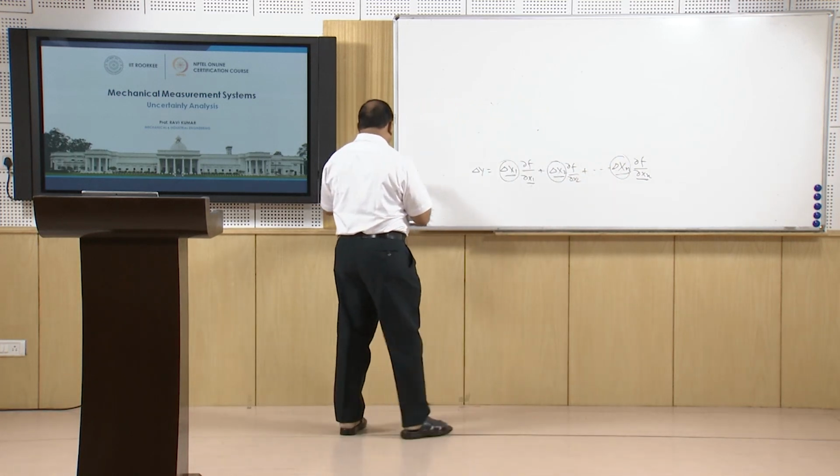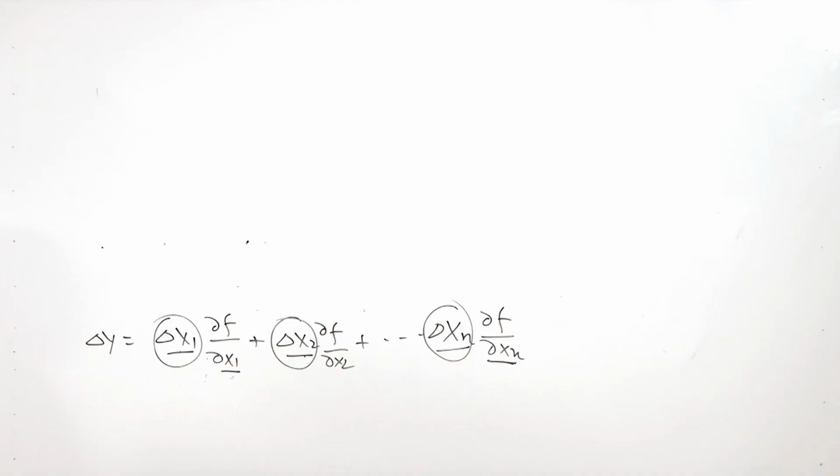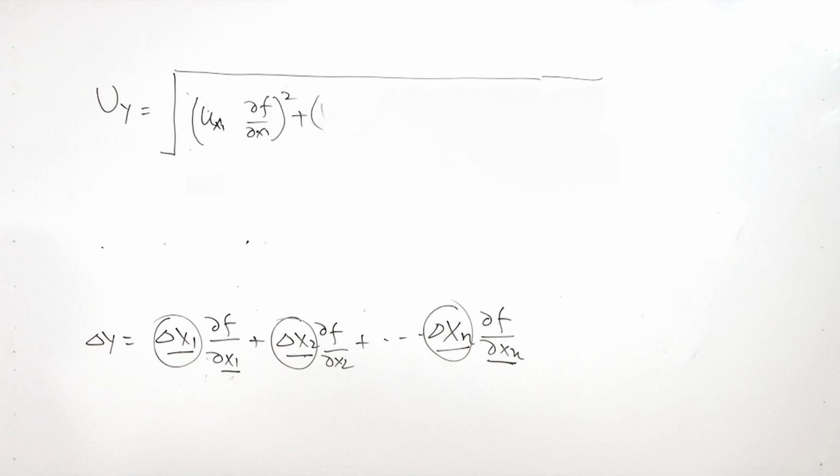And then we can have the final expression: uncertainty in the measurement of y is equal to the square root of, uncertainty in the measurement of x1 times del f by del x1 whole square, plus uncertainty in the measurement of x2 times del f by del x2 whole square, plus uncertainty in measurement of x3 times del f by del x3 whole square, and so on up to the nth term.